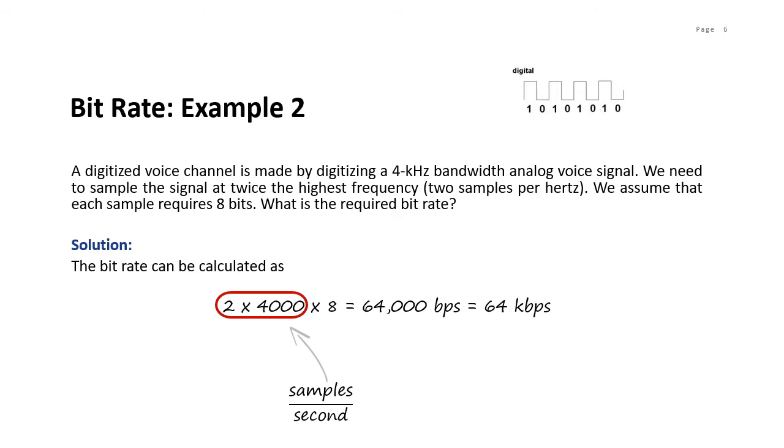So 2 times 4000 is the samples per second, because when we talk about hertz, it's the unit per second, right? And then we have 8 bits, which is bits per sample, because here you can see, assume that each sample requires 8 bits, which basically means 8 bits per sample, and then you get bits per second, which is the unit for bit rate.